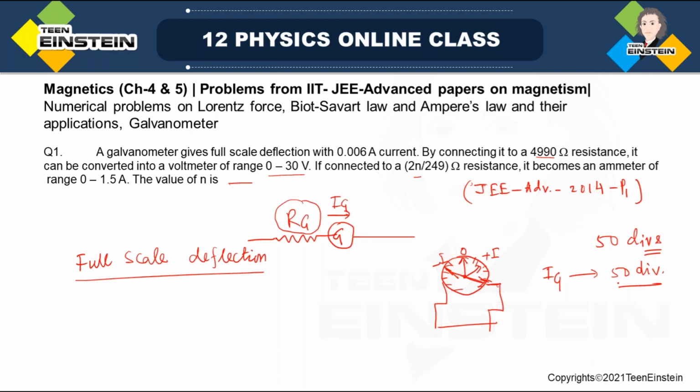That is called full scale deflection, or the galvanometer exhibits the maximum deflection. The current for which the galvanometer exhibits the full scale deflection, that corresponding current is called the galvanometer current.